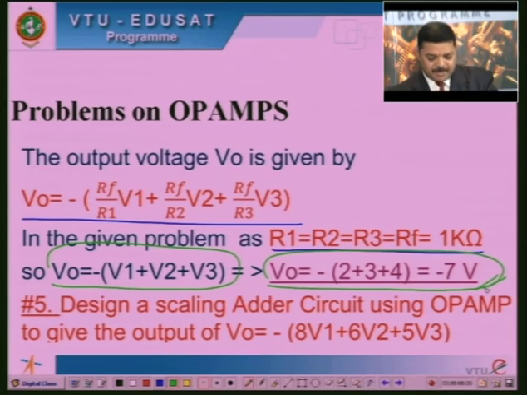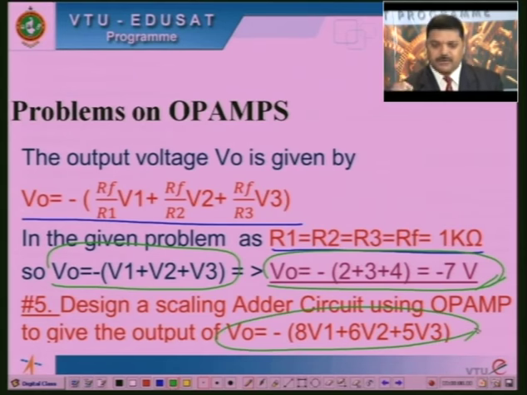Next, the fifth problem given is: design a summing adder circuit using an operational amplifier to give the output. So, we should get this output. For getting this output, what design do we have to do? It is V naught is equal to minus of 8 V1 plus 6 V2 plus 5 V3.